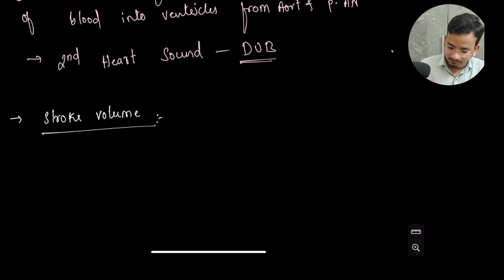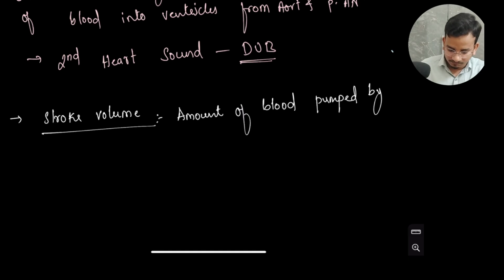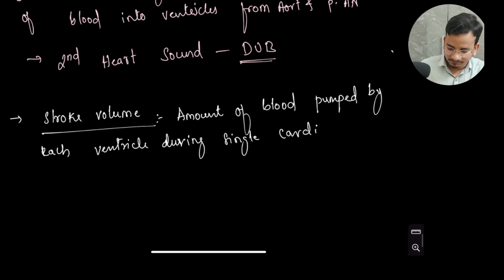Stroke volume is the amount of blood pumped by each ventricle during a single cardiac cycle.